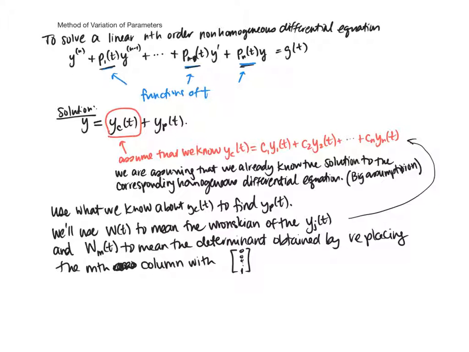So all zeros and then a 1 at the bottom. Okay, so that seems a little weird, but I'll show you what I mean by that in just a minute.